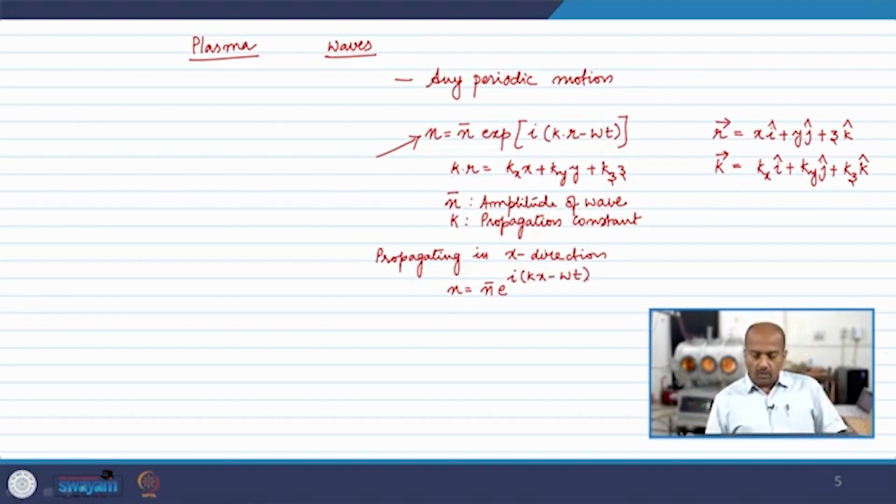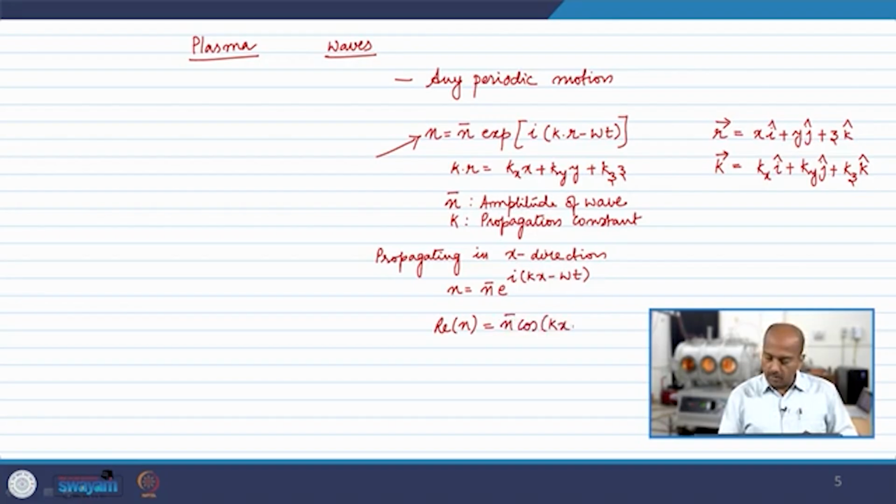By notation, the exponential means only the real part is to be taken as a measurable quantity. That means the real part of n, the wave function, is n bar cos of (k x minus omega t).